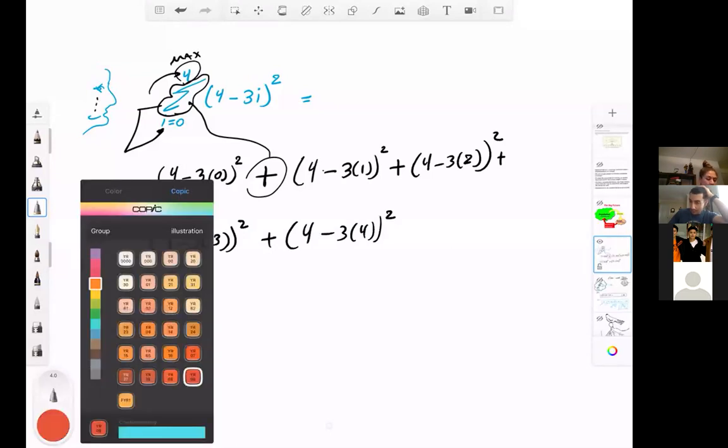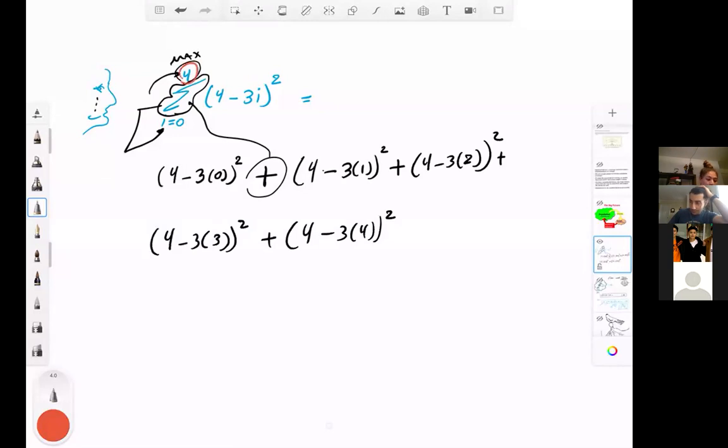Because the end point is 4. So this is 4, this is 3, that's 2, that's 1, that's 0, because the i only changes. Correct? That's the first step. We just list them. Now we need to add them up.